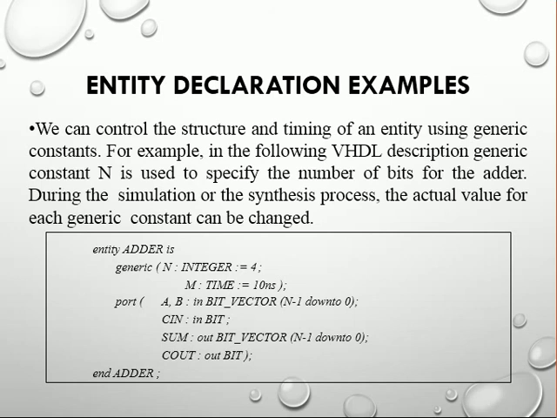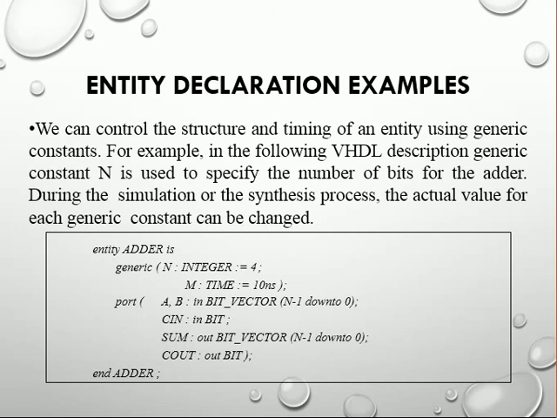Then after that, Cin, that is input carry. So it is Cin colon in bit type, a bit semicolon. Then sum. Now sum will again be a vector type, because we will get 4 bits there. So sum colon out, then bit vector, and n minus 1 down to 0 in the bracket, semicolon.